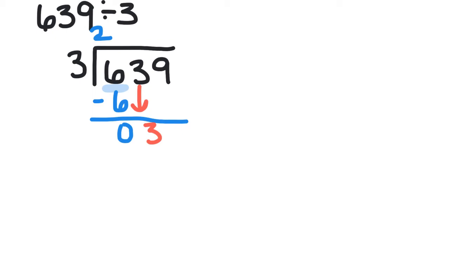So now we're going to ask ourselves, how many times can I fit 3 into 3? We're not looking at our 9, just the 3. I can fit 3 into 3 one time, so we'll write our 1 up top just like in the box method, and we're going to subtract 1 3, which is 3.